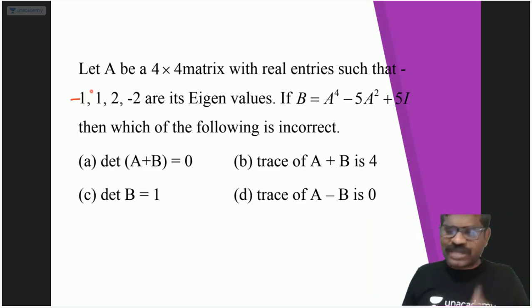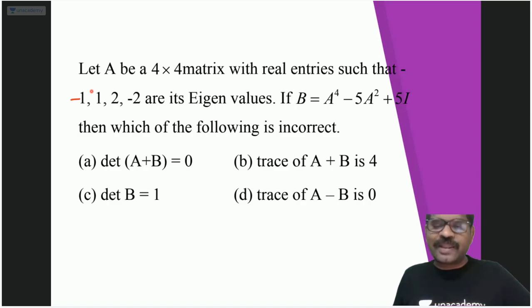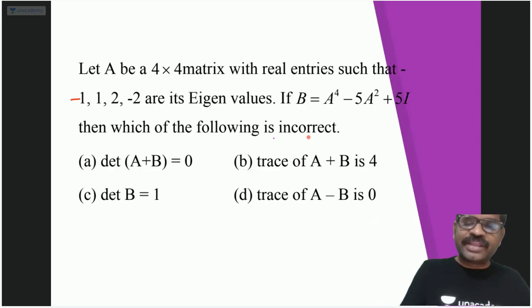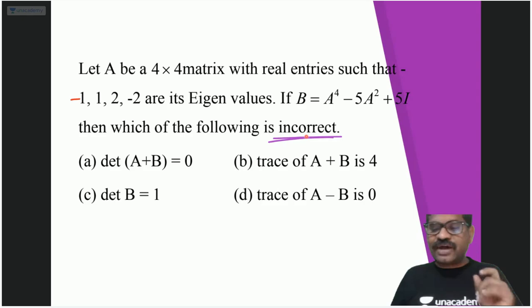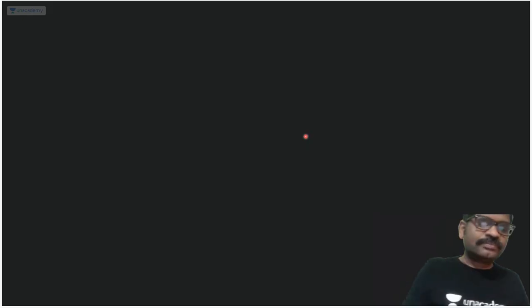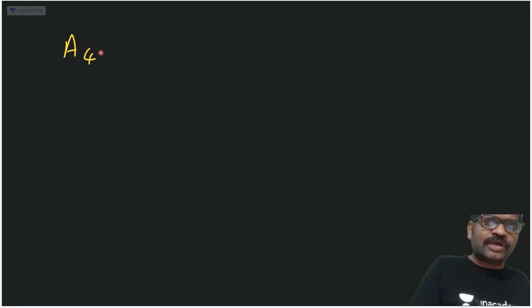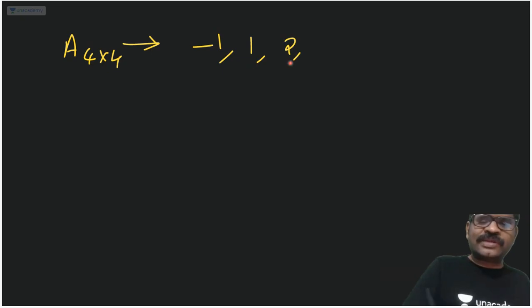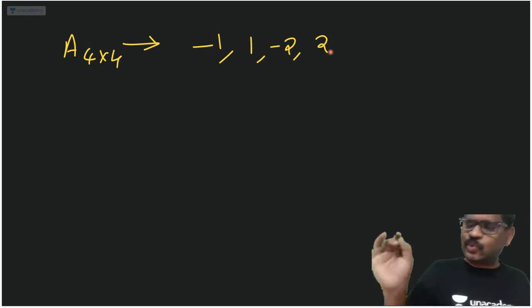Minus 1, 1, 2, minus 2 are eigenvalues of A. If B is A power 4 minus 5A square plus 5I, then which of the following is incorrect? Keep in mind, incorrect, false. Eigenvalues of the 4 cross 4 matrix are minus 1, 1, minus 2, 2.